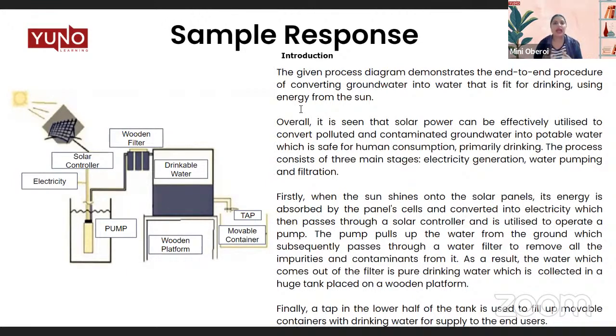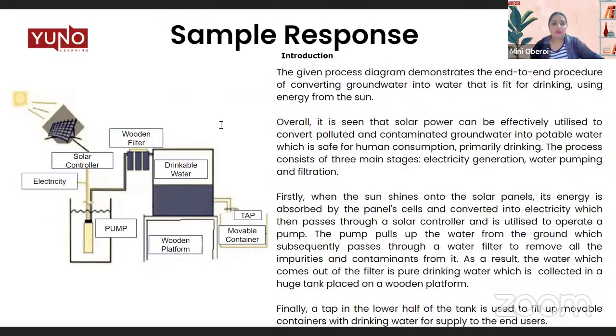So it should stand clear that the given process diagram demonstrates the end-to-end procedure of converting groundwater into water that is fit for drinking using energy from the sun, or here I can even say using solar energy. So energy from the sun gives me more words to add to my word length, right?